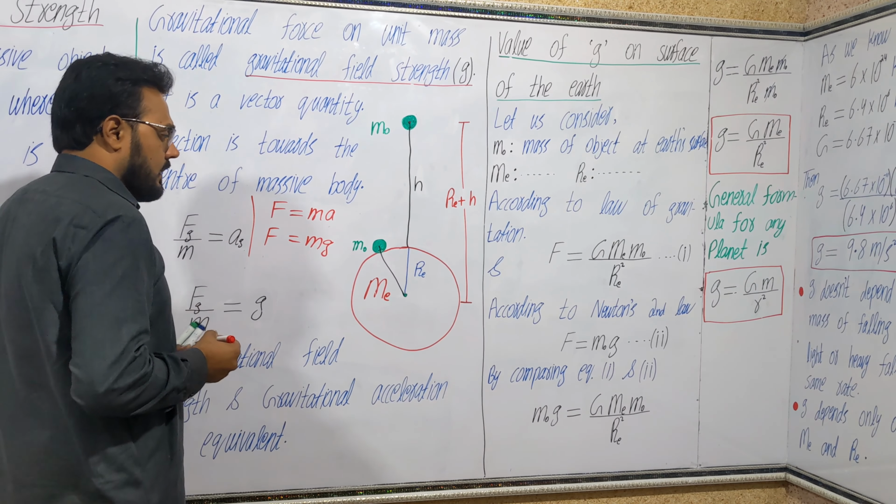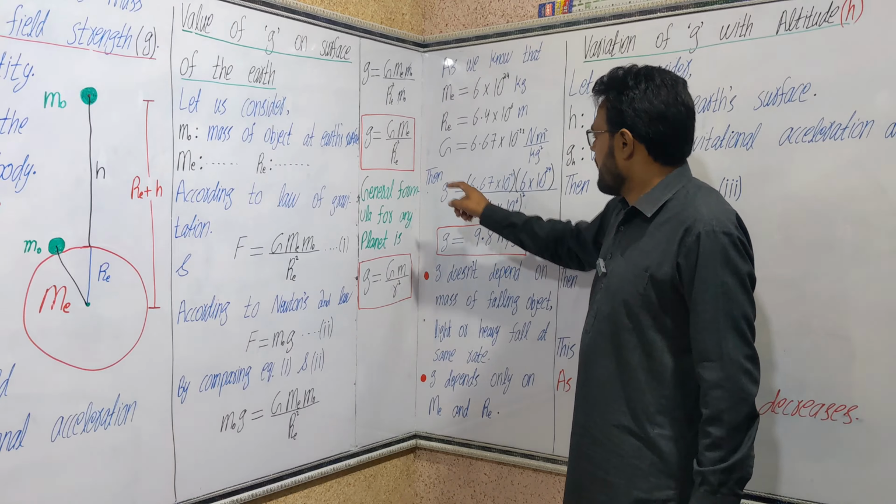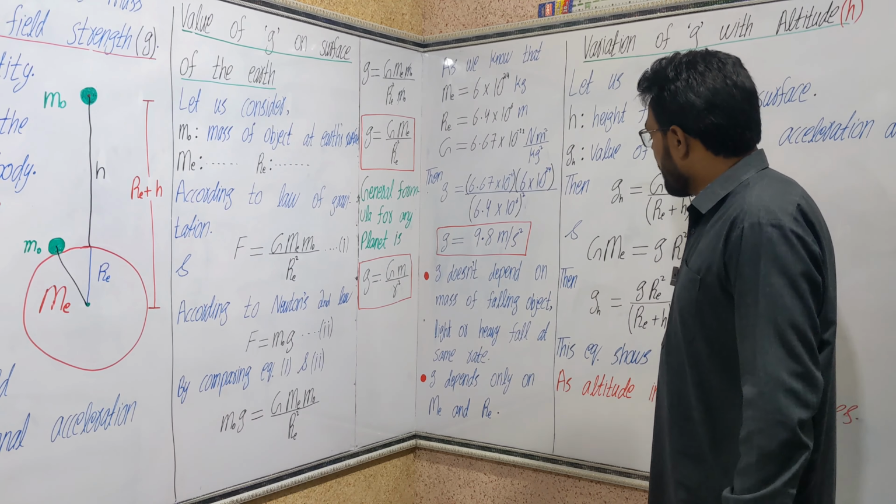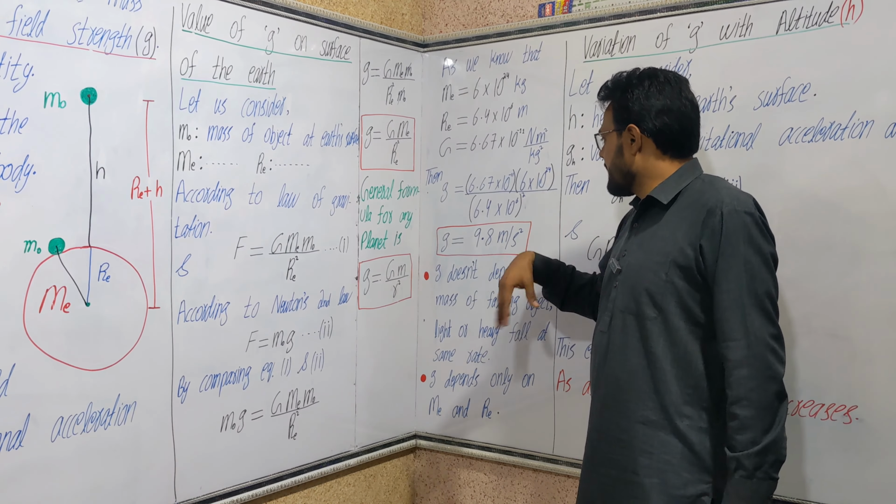Then in the denominator, the radius 6.4 multiplied by 10 power 6 squared. Now by using a calculator, multiplying and dividing, we will get 9.8 meter per second square, the value of g on the surface of the Earth.